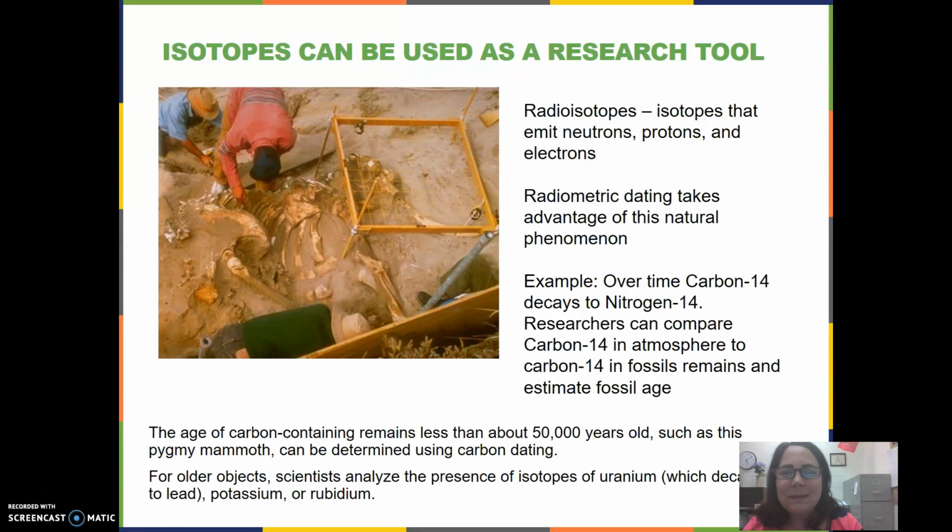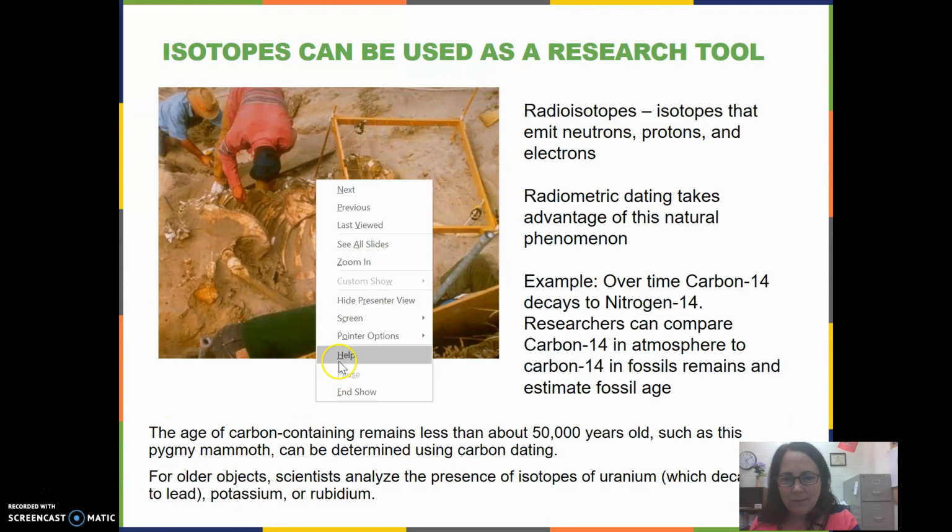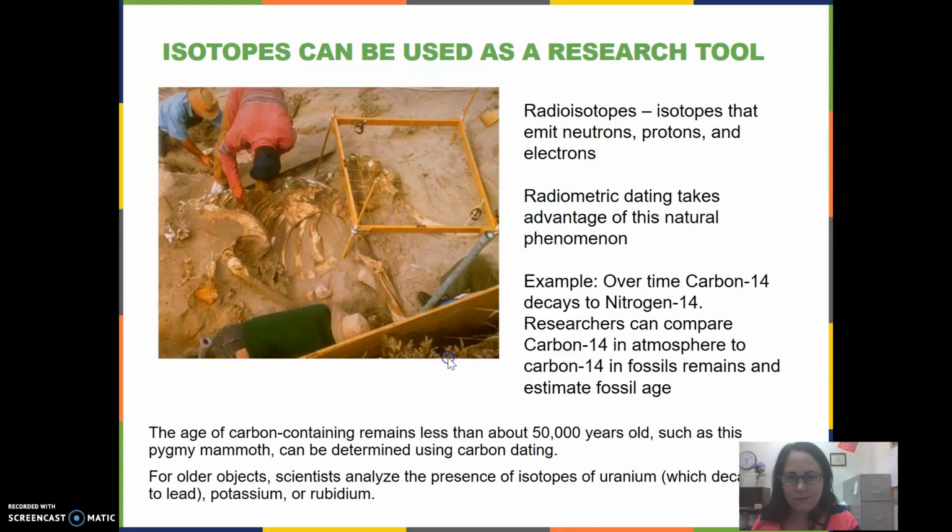You can see in this picture that these are archaeologists uncovering bones of a mammoth, a pygmy mammoth. I've heard of a woolly mammoth. This one is called a pygmy mammoth. In fact, now that I look at it, there's 4 archaeologists in this picture, but I just noticed the 2 at the top.